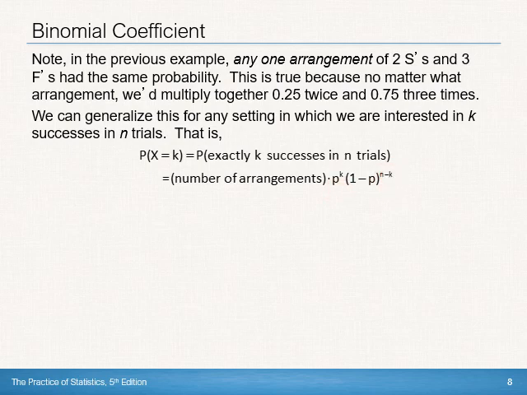So it's the probability of success raised to the number of successes, times the probability of failure raised to the number of failures. That's how we would calculate the probability part, but then we also need in front the number of arrangements of K successes within N trials.